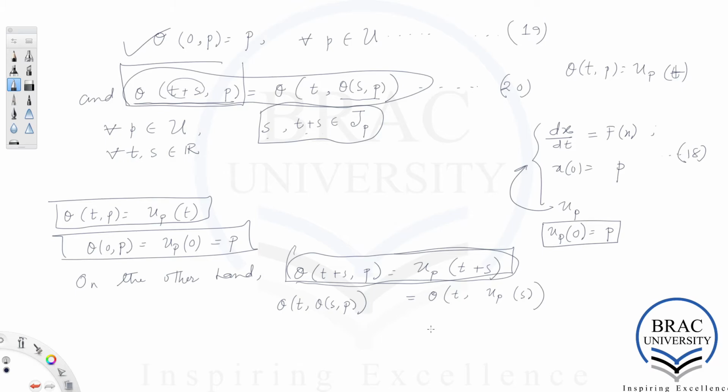In particular, theta t comma p can be written down as theta t comma u sub p of 0, right? Which is nothing but u sub p of 0 plus t, which is u sub p of t. This way 20 also makes sense.